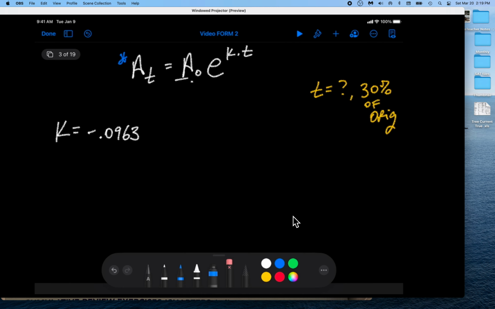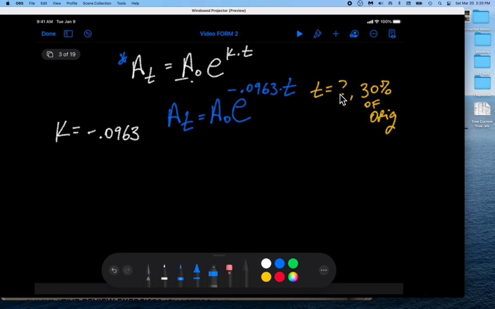Once we have k, we have the model. So here's your model. This problem is now over.